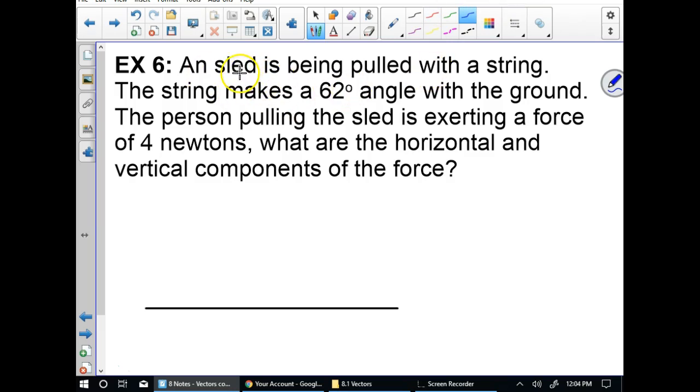So next time that it does snow and you're pulling your sled, you may want to think about your most optimal sled pulling angles, because as you pull your sled, you will be exerting a force upon the string, right?